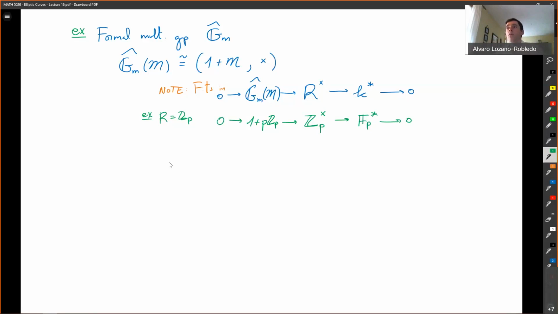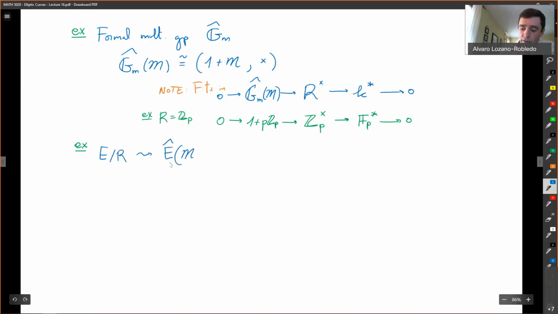Okay, so now we come to our hero here, which is what about if you have an elliptic curve over R, then we've built the formal group, and we have the formal group attached to M. So that is just the maximal ideal with the addition of z values that comes from the elliptic curve.